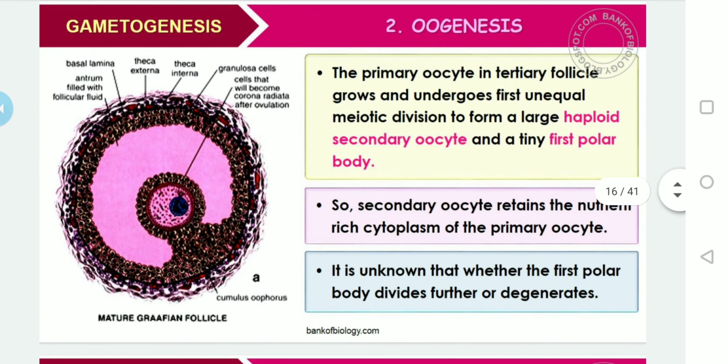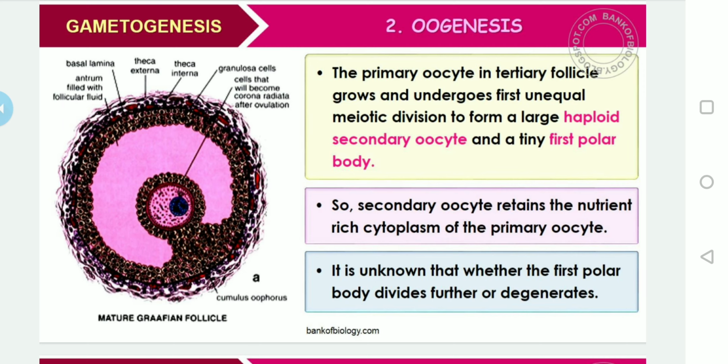This process is called ovulation. Did you get it? Yes, when the Graafian follicle ruptures to release the secondary oocyte from the ovary, it is lodged at the ampullary isthmic region, which is nothing but the fallopian tube. This process is called ovulation. Did you get it?